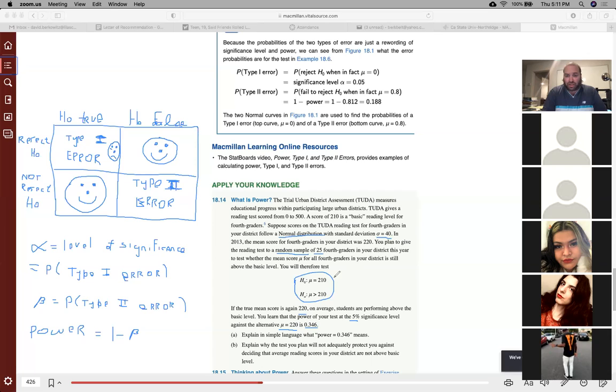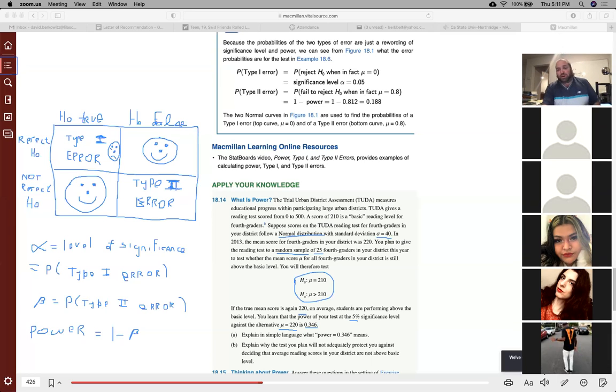Are they still above 210? Well, if my null hypothesis is that it's 210, my alternative is that mu is greater than 210. Now, if the true score is really 220, then the null hypothesis is wrong. You learn that the power of your test at the 5% significance level against the alternative mu equals 220 is 0.346. Explain in simple language what 0.346 actually means. This is a one-sided test, that's correct.